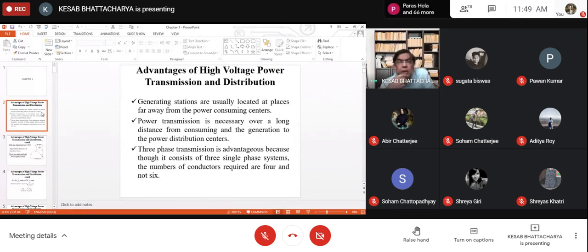Now here on the first slide you see that 3 points have been mentioned. First of all is this: generators are located at a place. Normally, what happens? The power stations are located at a place which is not really very close to the place where the load is actually consumed.